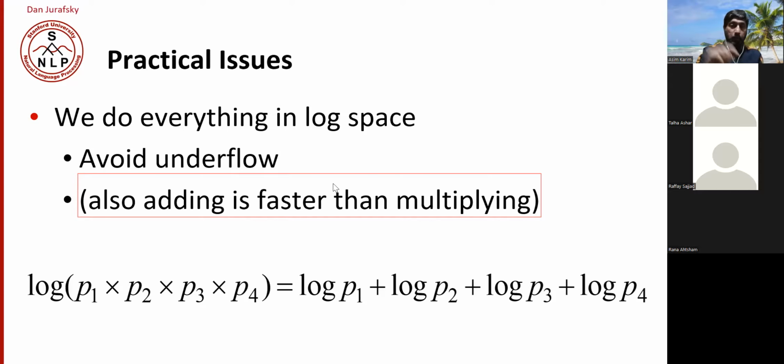And of course, log is a monotonic function, so you can still compare the probability. If the probability of something is higher than another thing, then the log of that will also be higher than the log of the other thing. So it's a monotonic function that retains the notion of relationship.